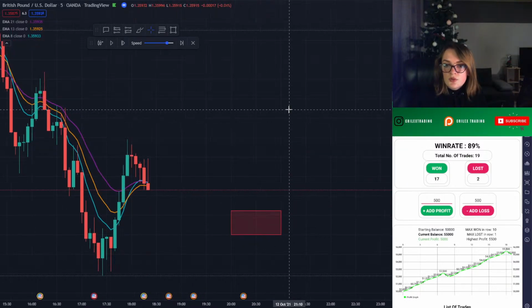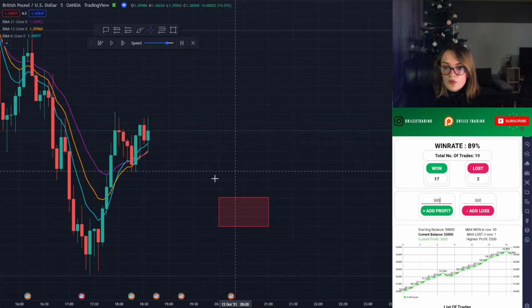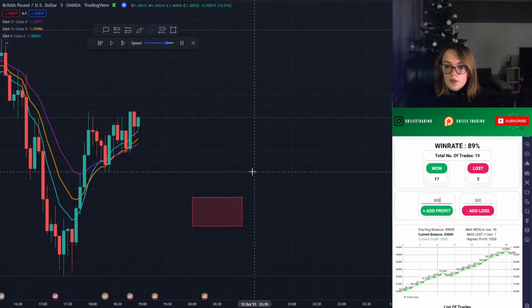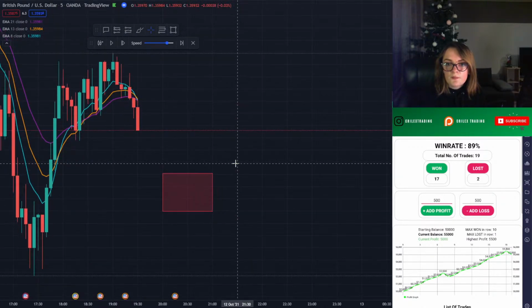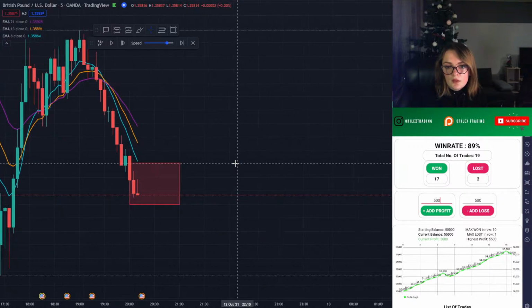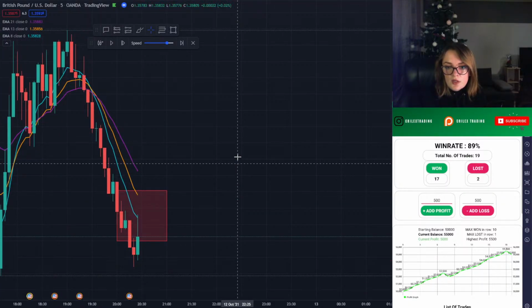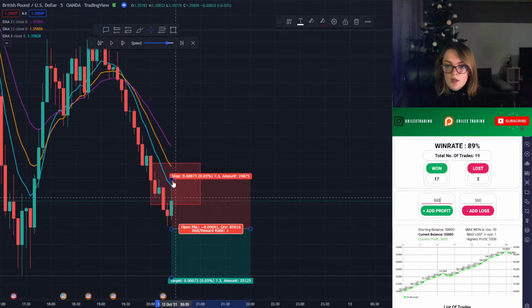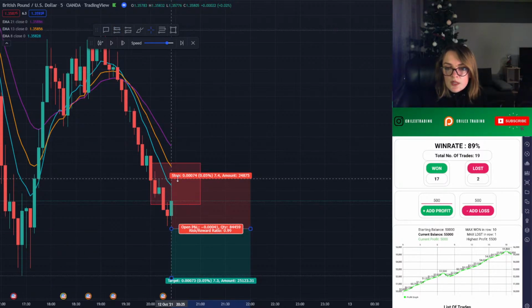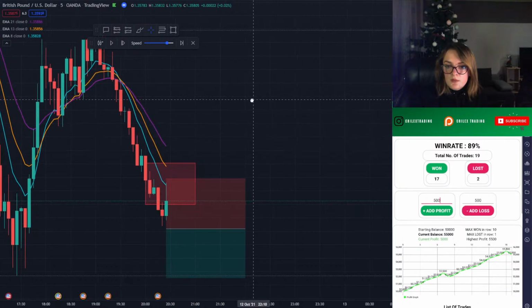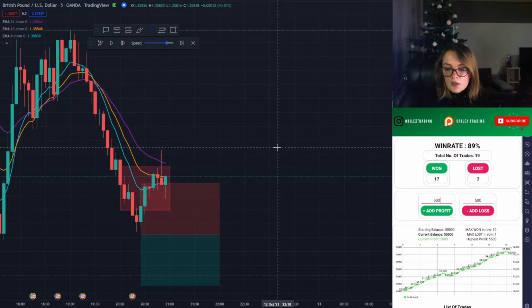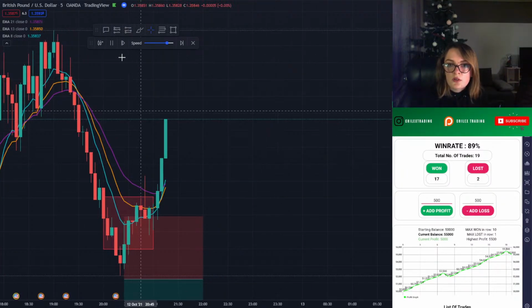Now we are close to this little zone for sell entries, but we will not get any entry here. Actually, yes, this EMA made this retouch on the smaller EMA, so I'm going to place this buy stop, but we actually are not in this position.